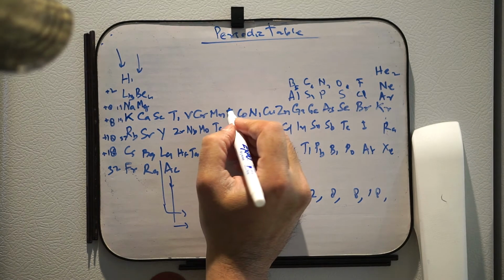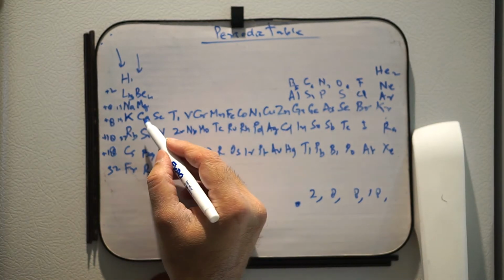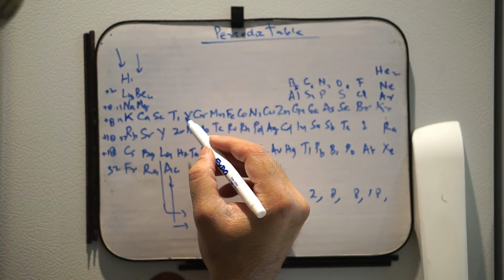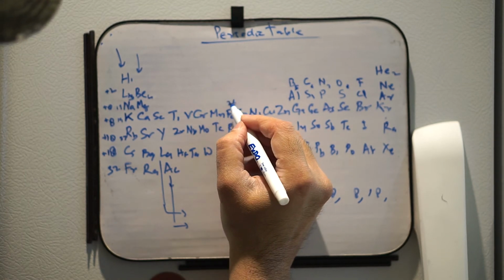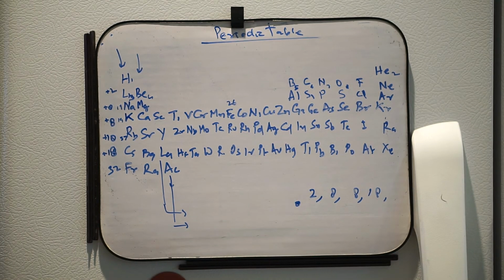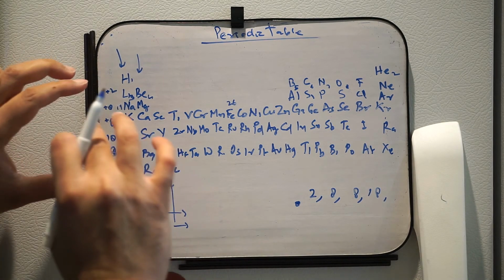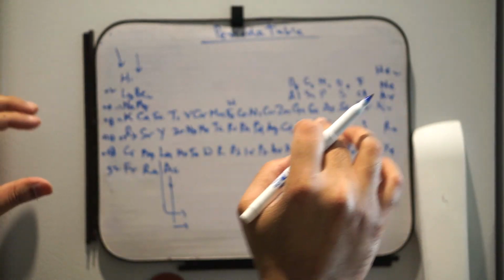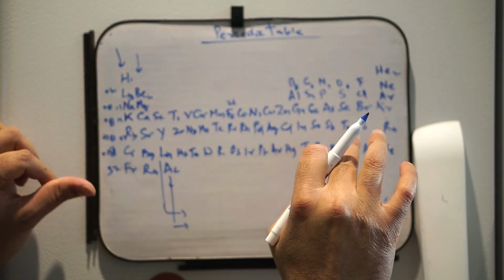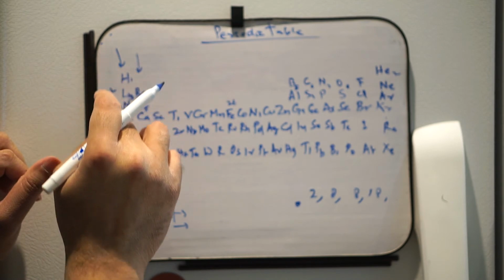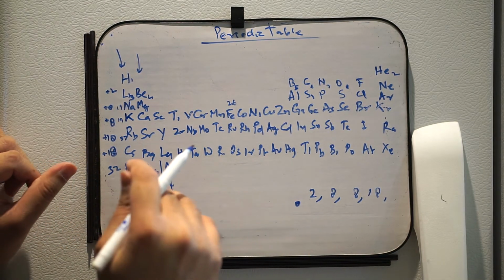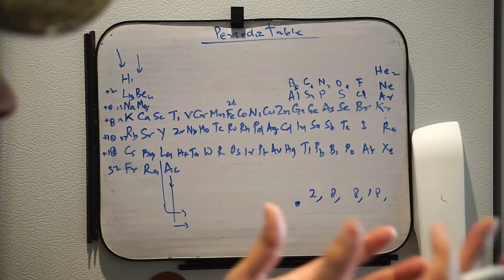So let's take iron, for example. It's going to be 19, 20, 21, 22, 23, 24, 25, 26. So 26. We're going to go down and take a look at how the iron atom should look, at the atomic number of electrons. Learning the periodic table doesn't only give you a quick reference of their atomic number, it gives you an idea of their electron configuration inside the atoms as well.